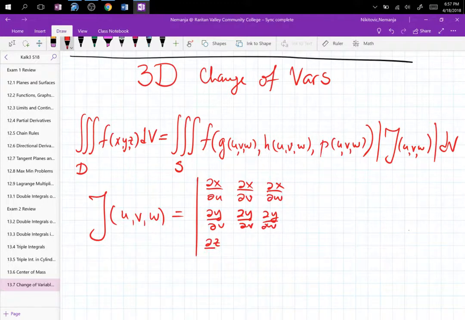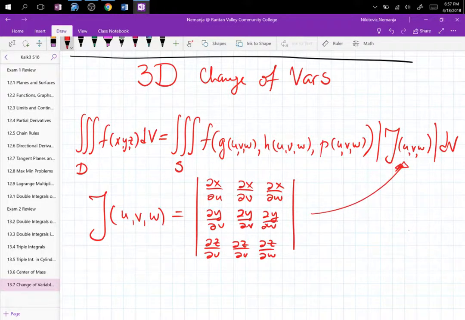Next row: partial z, partial u, partial z, partial v, partial z, partial w. There's your Jacobian. So first row x(u, v, w), second row y(u, v, w), third row z(u, v, w). And that goes there.